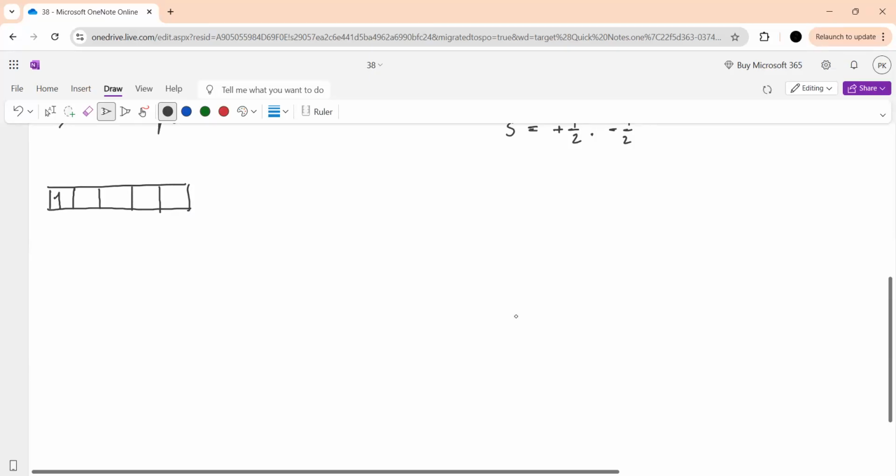Let's say our principal quantum number is 4. What will be the value of l? What will be the value of m? And what will be the value of s for the electron I have drawn here? Okay. Wait and let me know.